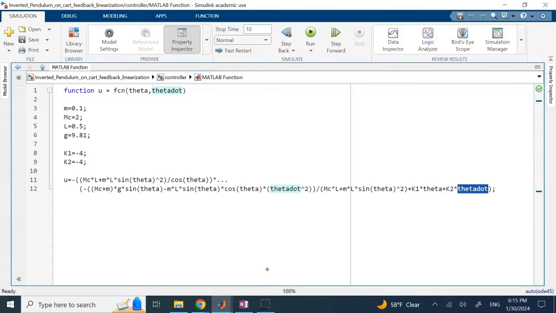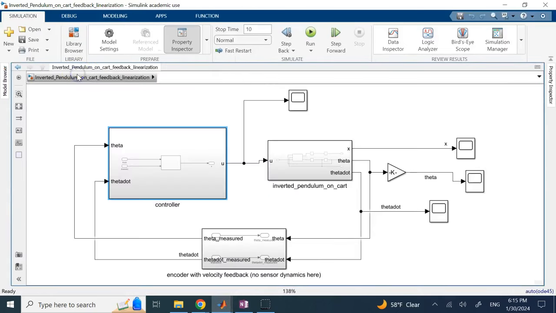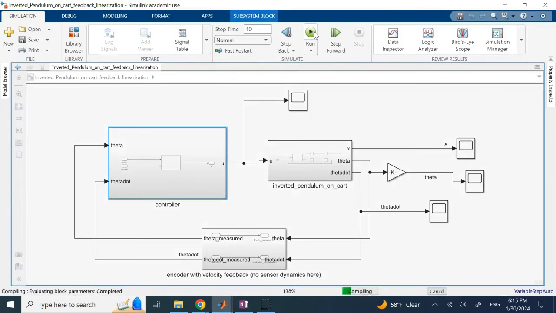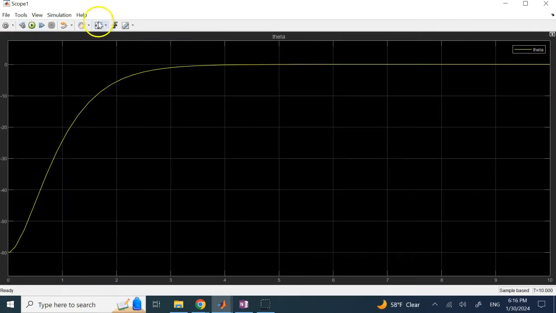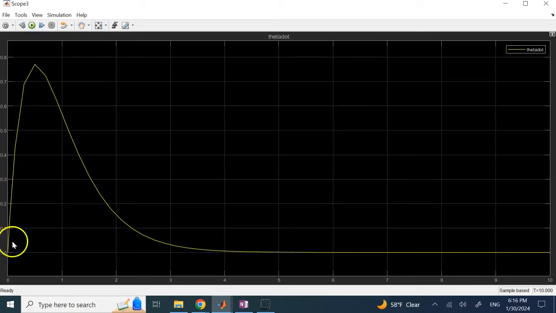And if I run this physical system for you here, let's go ahead and run it. And you can see that your theta does actually go to 0. Okay, here we go. You see it is exponentially from negative 60. I can control it to go directly to what? To 0. And you can also see theta dot also goes to 0 as well.